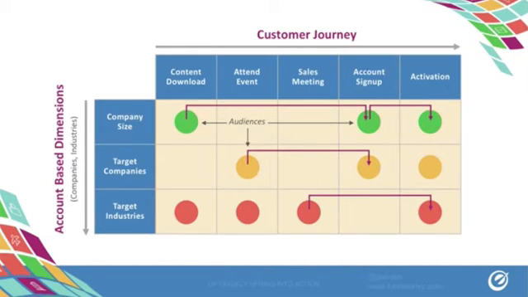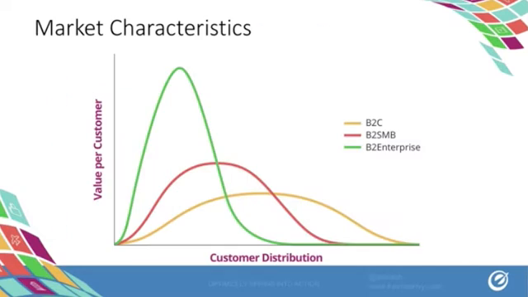So for any one of these dimensions, the customer journey itself could be different. For example, you might not put a small business in front of a salesperson. You might want to take them directly to account sign up. And within the particular steps within the journey, you might differentiate that content based on the target company or target industry. So, again, just more complexity in this journey.